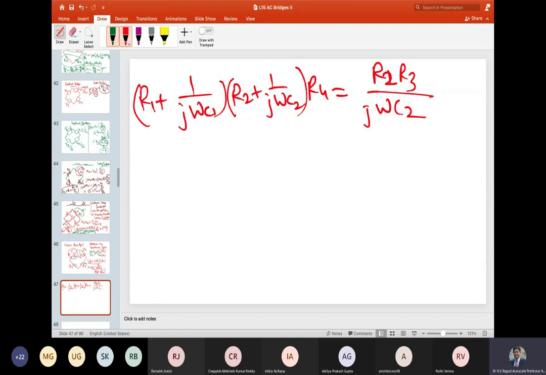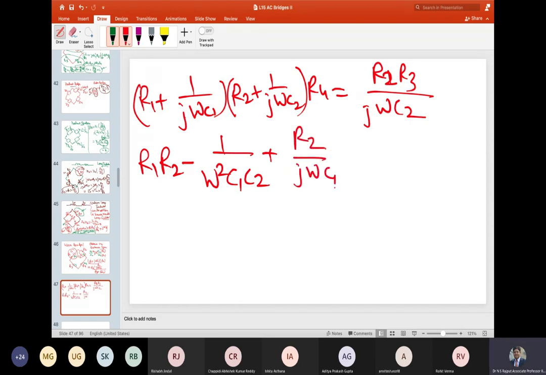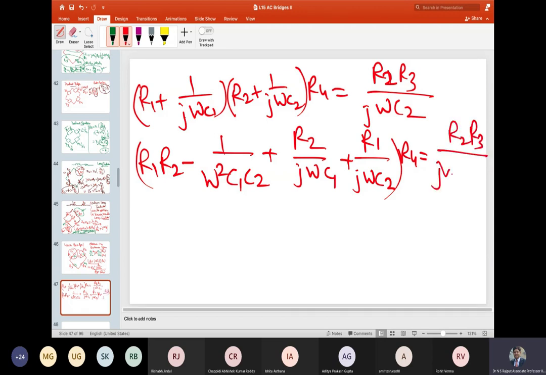So I will solve it as R1 R2 minus 1 by omega square C1 C2 plus R2 by j omega C1 plus R1 by j omega C2, whole multiplied by R4, will be equal to R2 R3 by j omega C2, right?